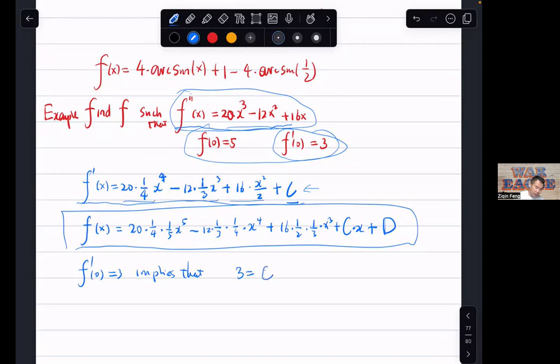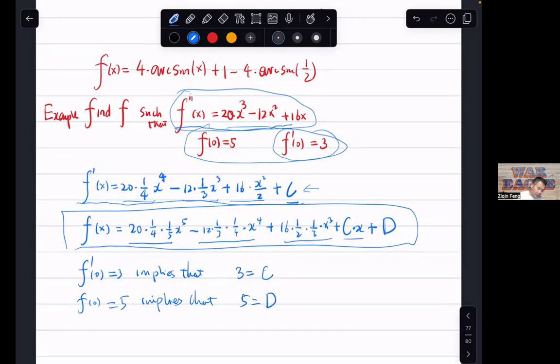So C is 3. And f of 0 equals 5 implies that 5 equals D, since all the other terms contain x, which is 0.